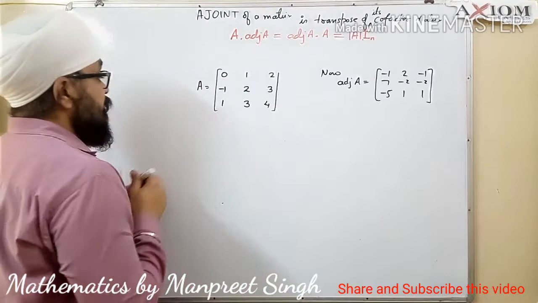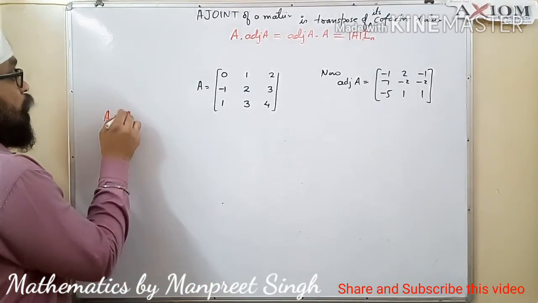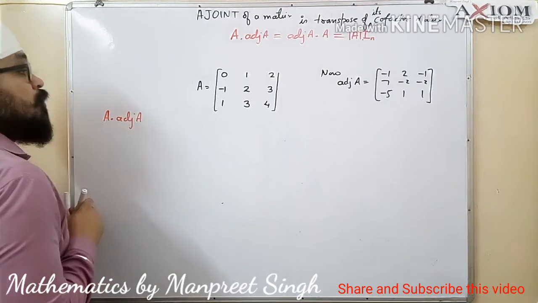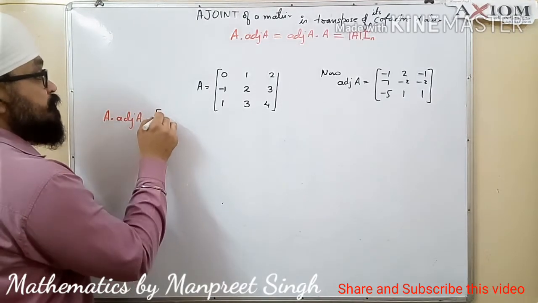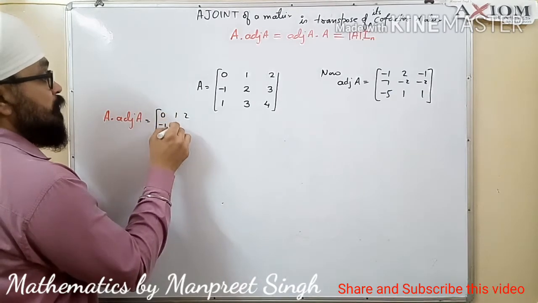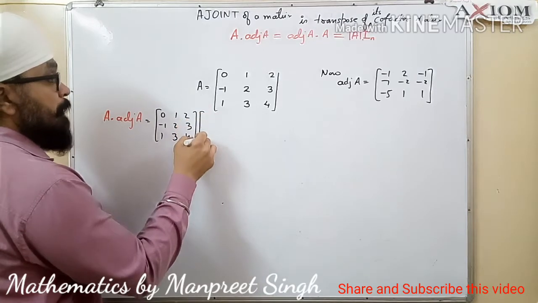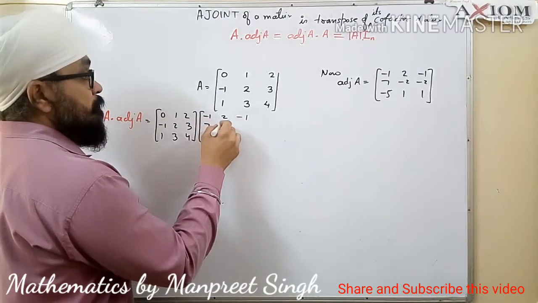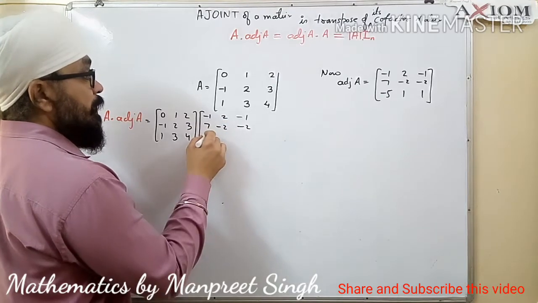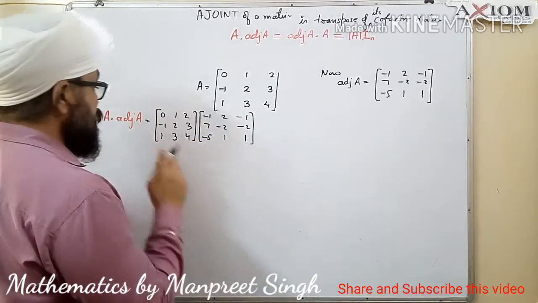So let us check. First I am verifying what will happen with A into adjoint of A. So to get that A into adjoint of A, I am taking matrix A, which is 0, 1, 2, -1, 2, 3 and 1, 3, 4. Multiply by the adjoint -1, 2, -1, 7, -2, -2, -5, 1 and 1. So let us check this one.